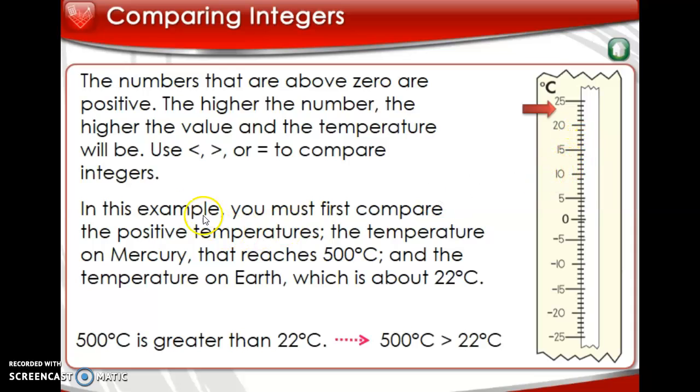We use less than, greater than, or equal to compare integers. In this example, you must first compare the positive temperatures. The temperature on Mercury reached 500 Celsius degrees and the temperature on Earth is about 22 Celsius degrees. So 500 Celsius degrees is greater than 22 Celsius degrees.